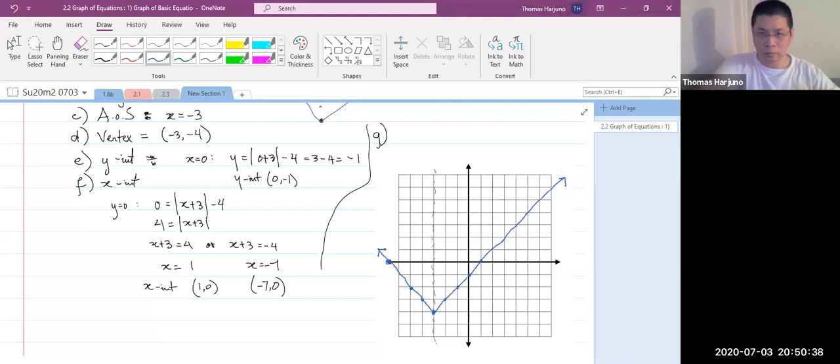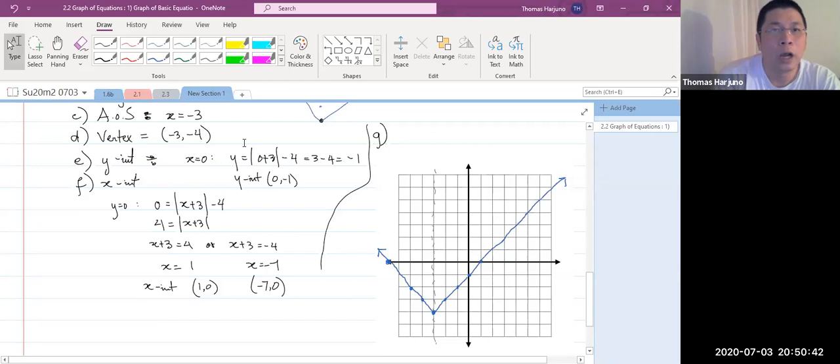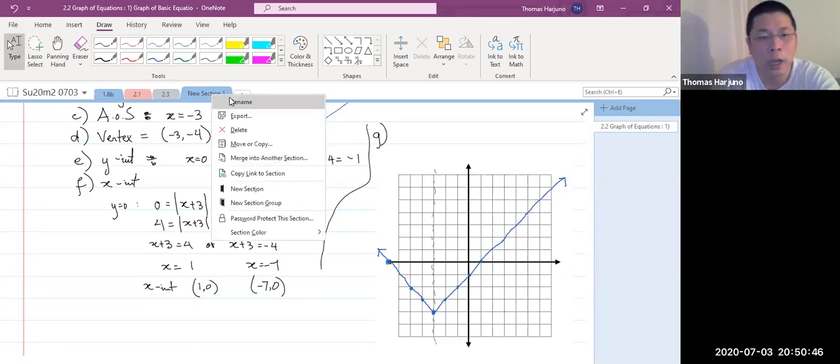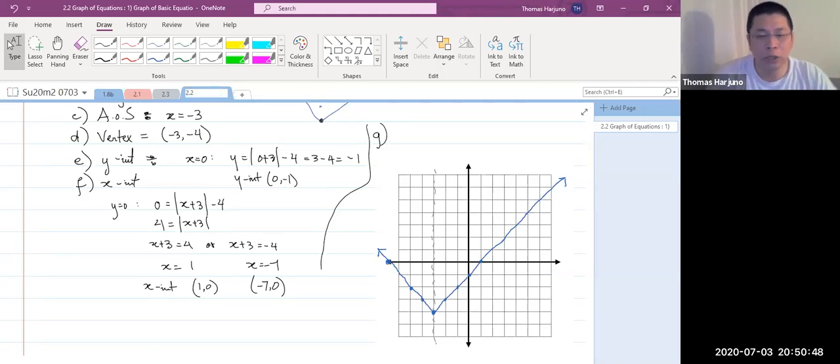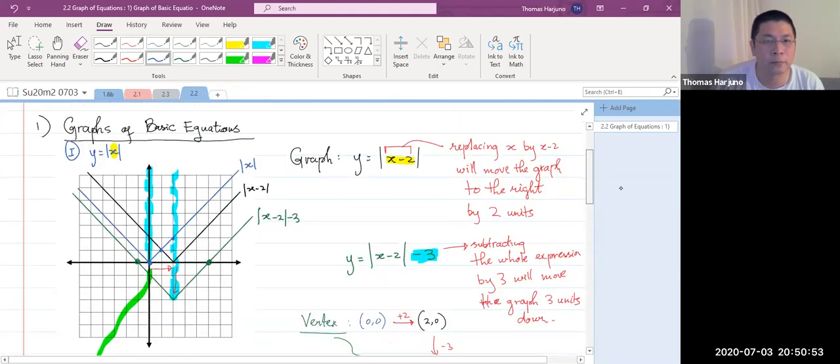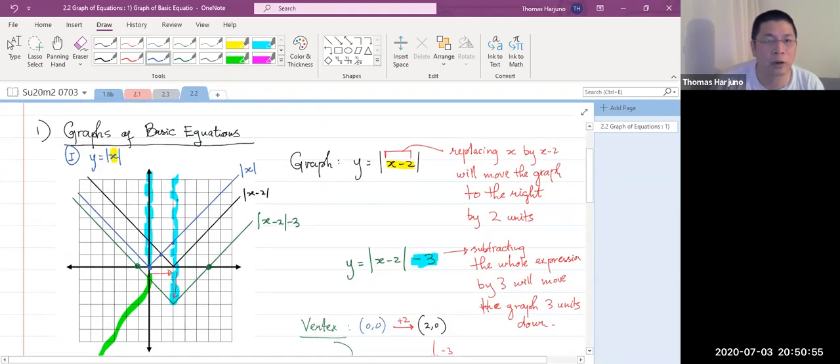Now, I have provided you the basic idea for absolute value. All you need to know is what the basic graph is, the blue one here. The vertex is (0, 0).